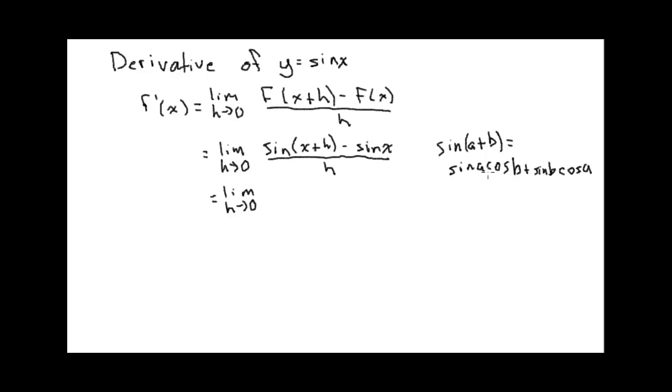So if you don't remember that, it wouldn't be the worst idea to go back and look at your trig identities. So we're going to use that in this function.